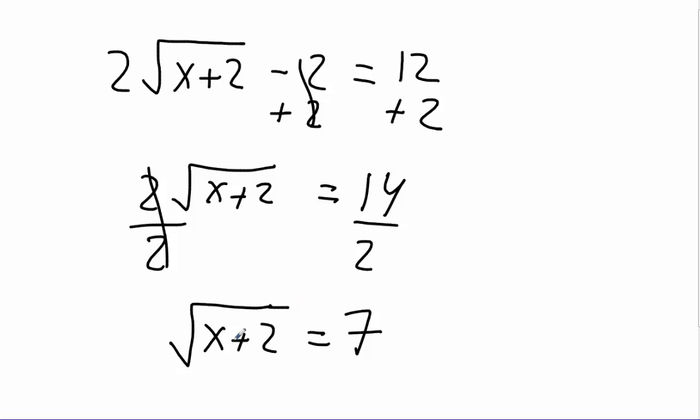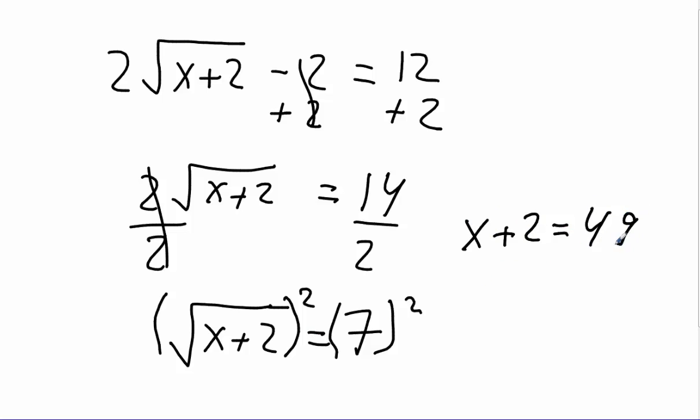Now we isolated the square root on the left side, so in order to get rid of a square root, we must square everything, both left and right. When we square radical x plus 2, we're left with x plus 2, and 7 squared is 49. Now we have x plus 2 equals 49, subtract 2, and x equals a grand total of 47.